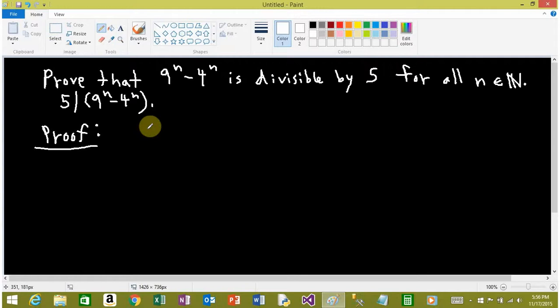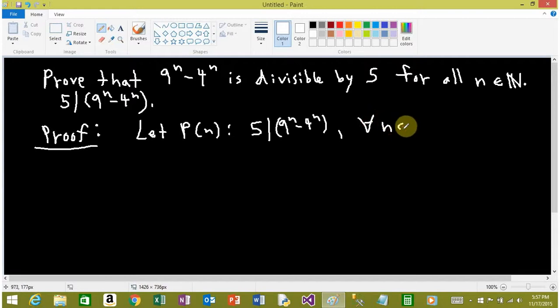So we're going to let P of n be this statement: 5 divides 9 to the n minus 4 to the n, and we'll say for all n in the natural numbers.